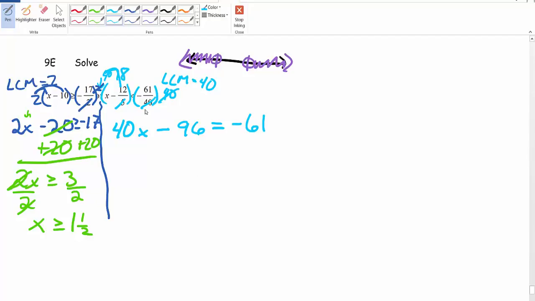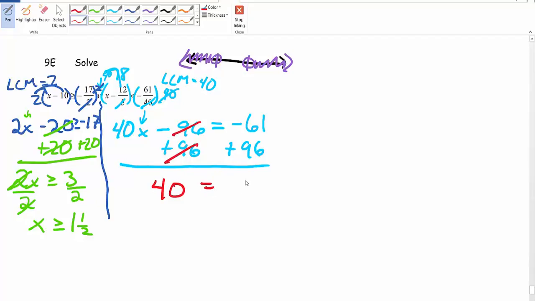And now we're just trying to solve for x. So we can add this 96 over to both sides. And when we do that, we end up with 40x. The 96s cancel out with one another, equals 35. Lastly, divide by the 40 on both sides. So these end up canceling now, leaving us with x.